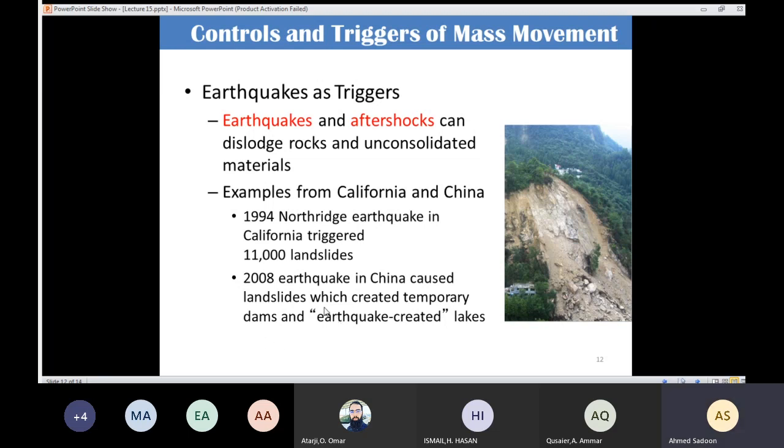The earthquake created lakes. So we witness a lot of catastrophes because of earthquakes. The earthquake is a trigger for mass movement.